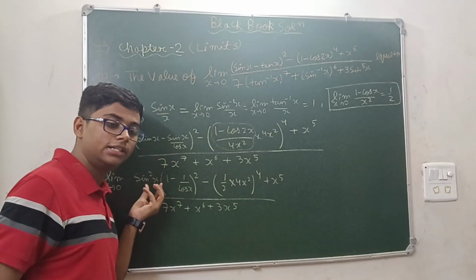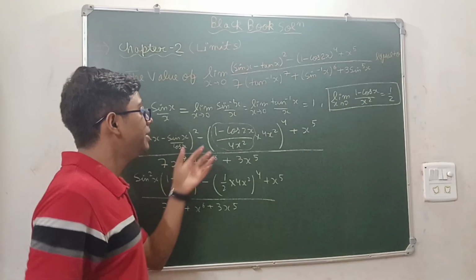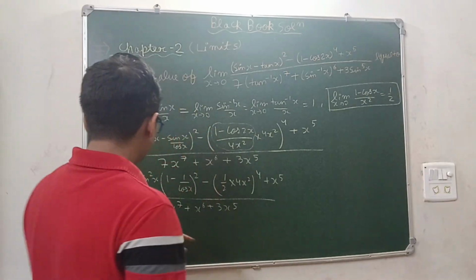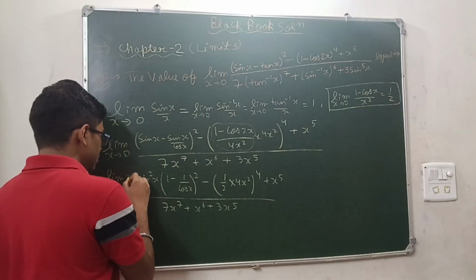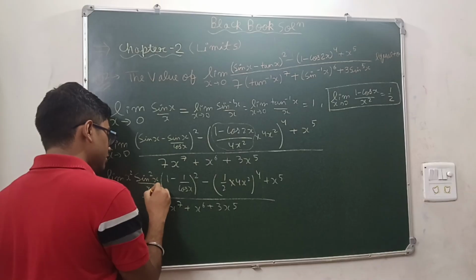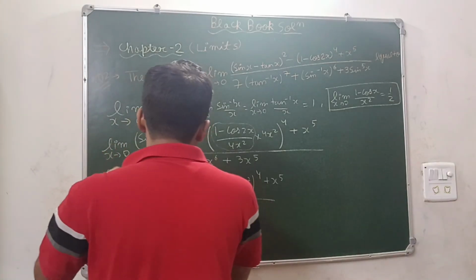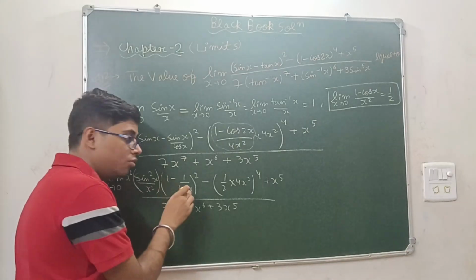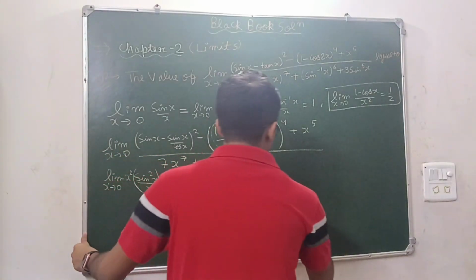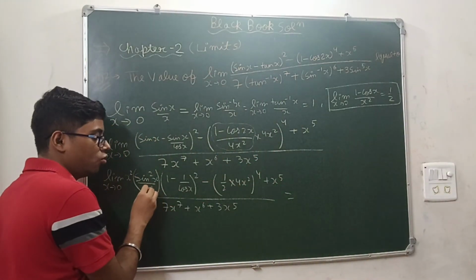Okay, here see, here sin square x is there. Okay, limit x tends to 0, sin x by x is 1. So you have to multiply and divide here by x square and upon x square. So this will simply become 1. Okay, now here you will take the LCM. Okay, now you can do it like this. This will become 1.